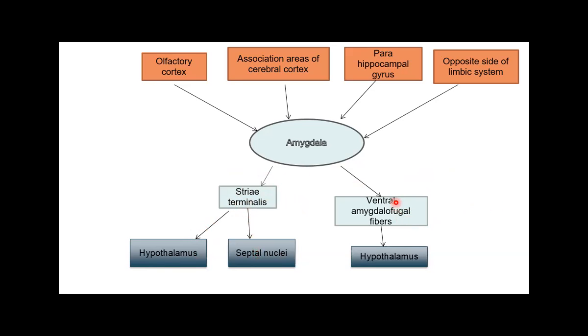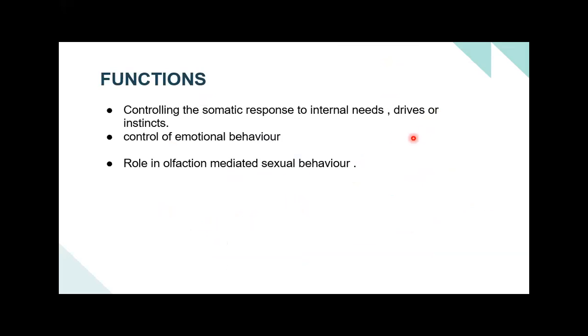Through the ventral amygdalofugal fibers, a few fibers directly relay in the hypothalamus. Functions of the amygdala are controlling the somatic response to internal needs, drives, or instincts. It controls emotional behavior, and it has a role in olfaction-mediated sexual behaviors.